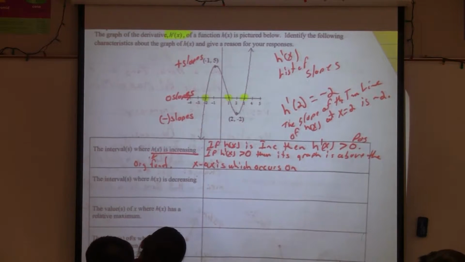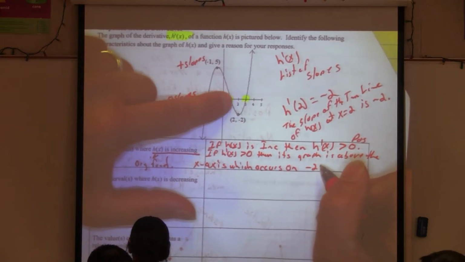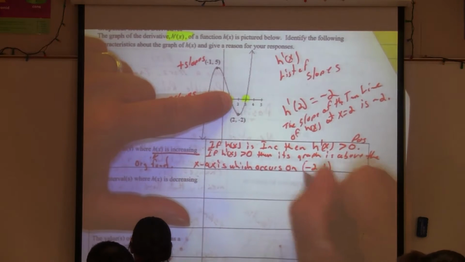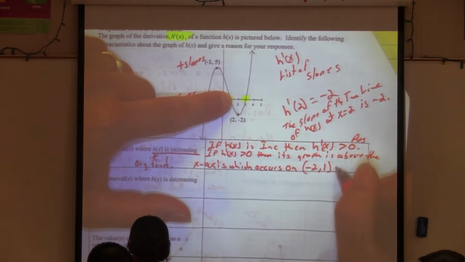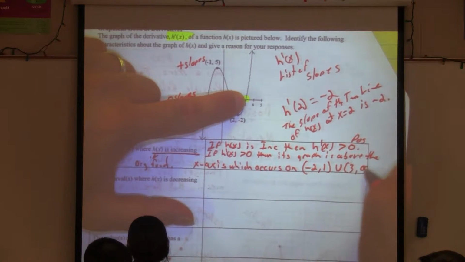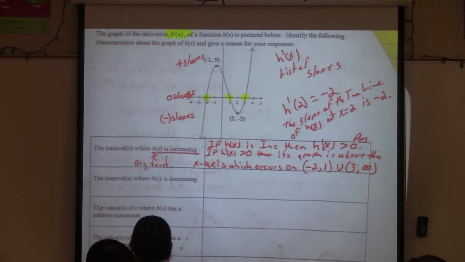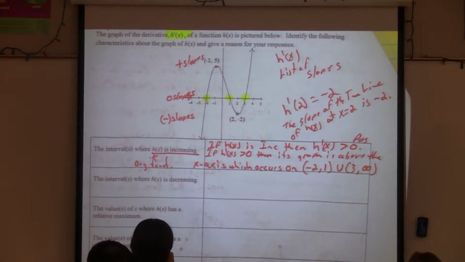Where are the slopes positive? -2 to 1, and 3 to infinity. We good?